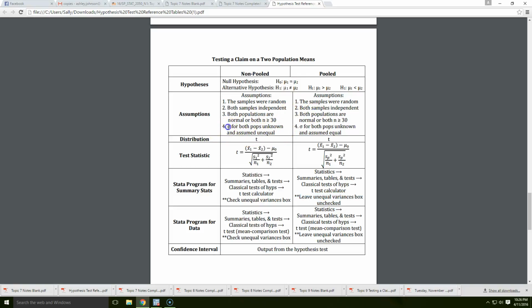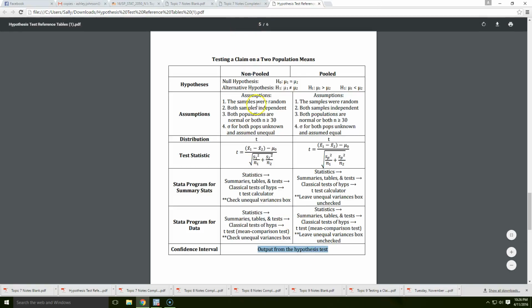We're going to go over exactly what you need to say for this assumption to check it, because we're going to do a little bit more than we do with the Shapiro-Wilk test, for a few reasons. And lastly, our step 7 is going to be very similar to the step 7 from the 2 population standard deviation section.